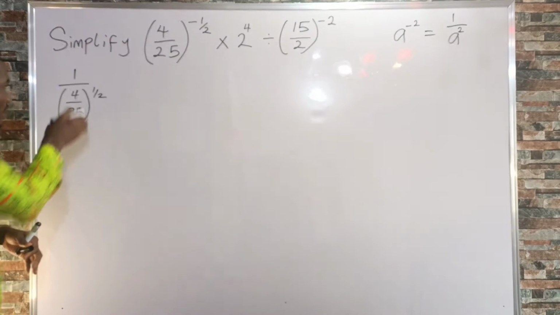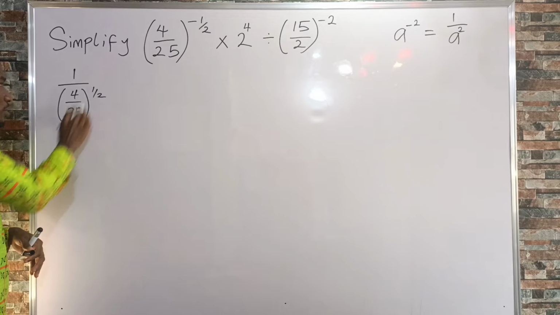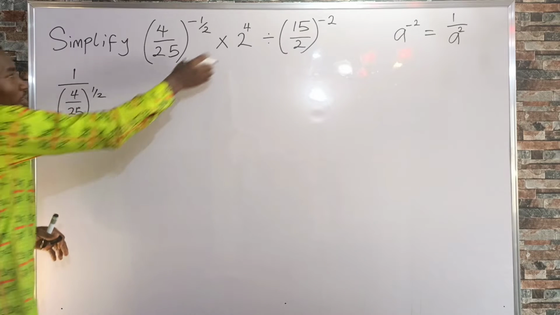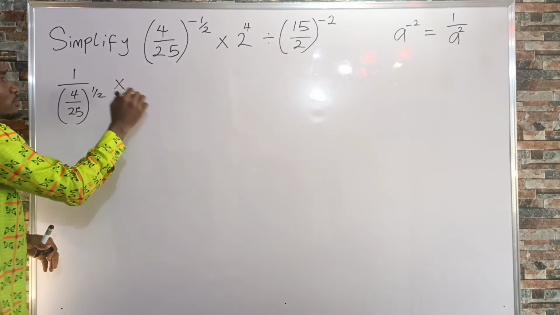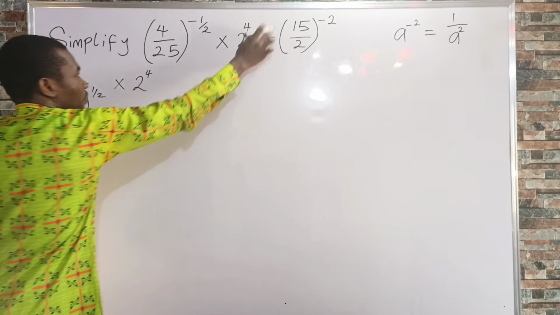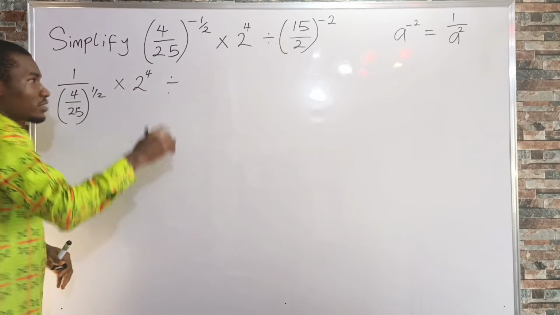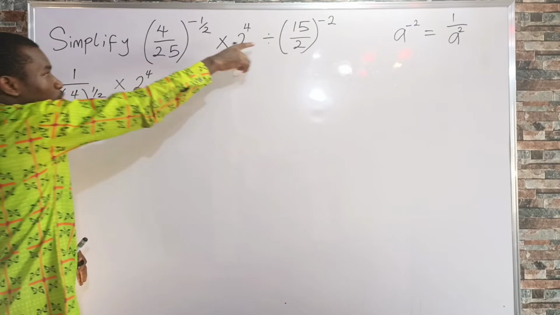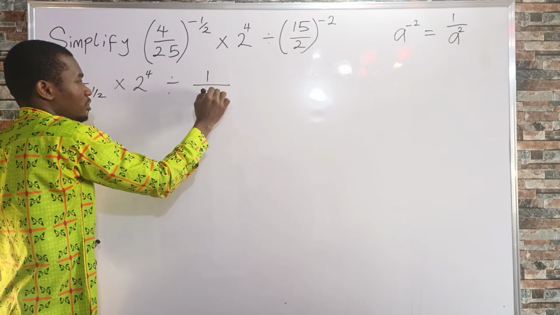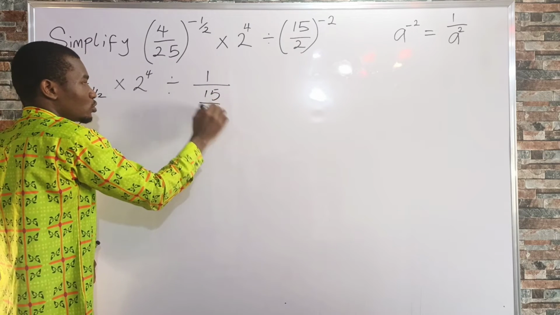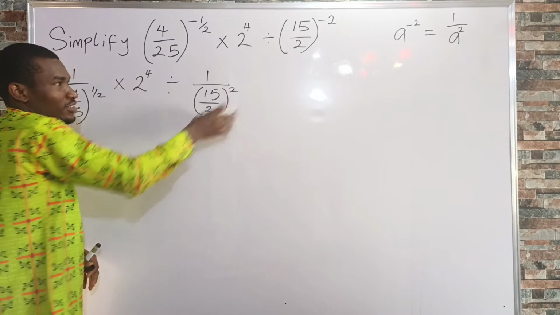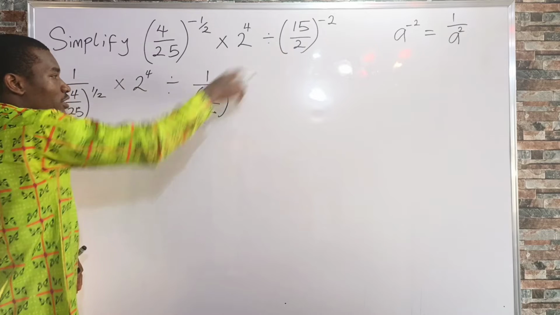I break it as 1 over 4 over 25 raised to the positive value of half, then multiplied by 2 raised to the power of 4, then divided by the same thing I did for here: the reciprocal of 15 over 2, all raised to the power of positive 2. That is exactly the law of indices I just put down here.